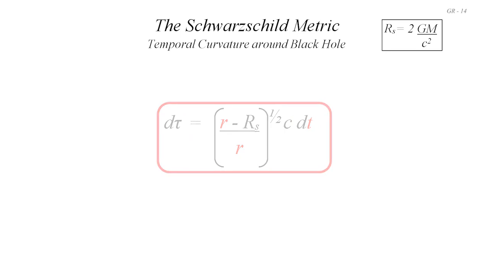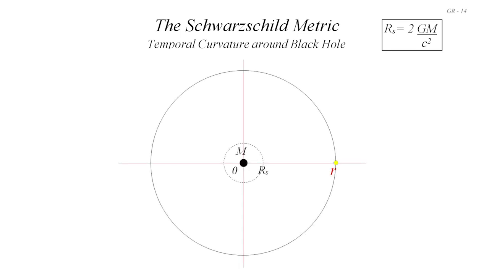Now remember, we're considering a single place in space-time at a position r. So let's now imagine that two events happen at that place, but do so at different times. We'll take the separation of those times to be dt as measured in the red frame of reference.